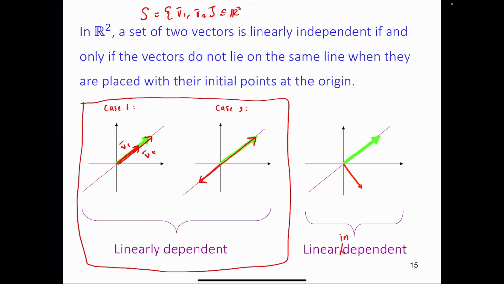That means we are going to find that V1 and V2 do not lie on the same line. So this is how we illustrate geometrically a set S which is linearly dependent for the first picture, and linearly independent for the second picture.